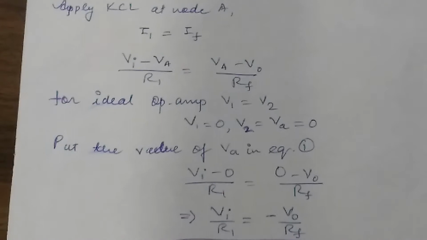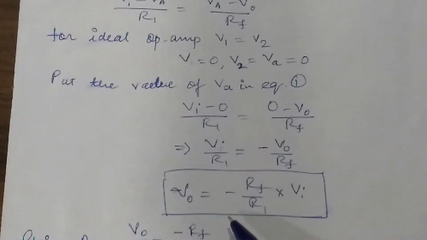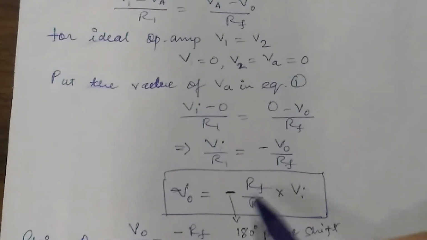Further simplifying this equation, we get the output voltage as VO equals minus RF upon R1 multiplied by Vi. You can see the negative sign, which indicates a 180 degree phase shift at the output terminal.